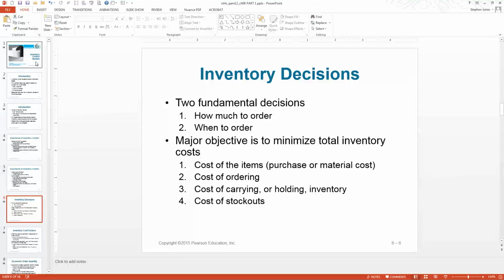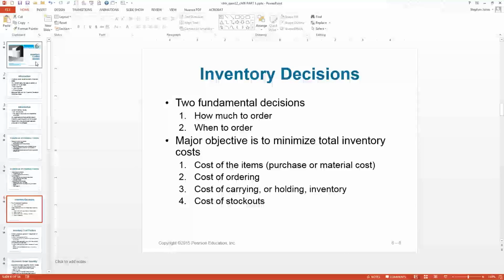So, how do you order? That is, how much do you order? And when do you order when you're talking about inventory? And we'll see the same thing applied to production in a shortened fashion in a later slide. But basically, when is it that you're going to order product, and how much do you order at any one time?